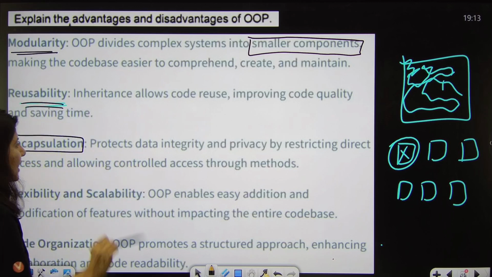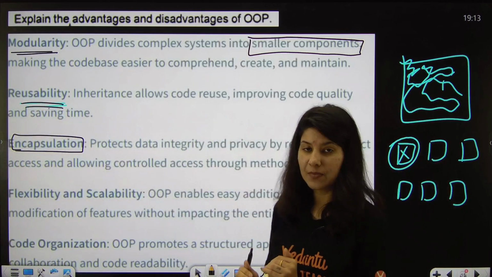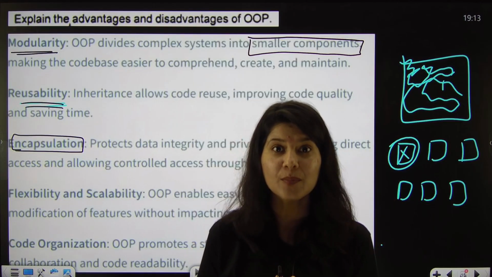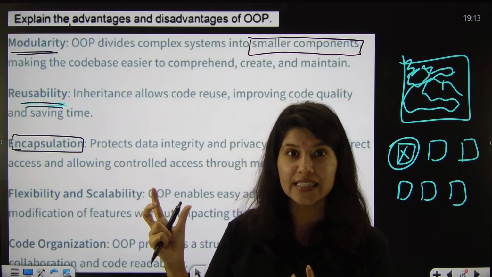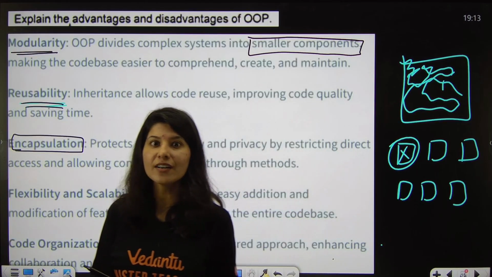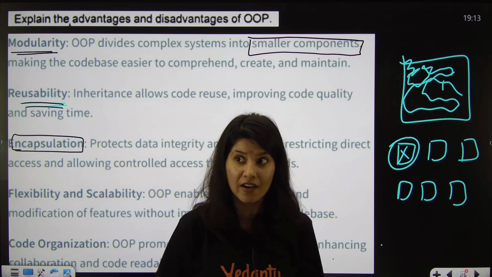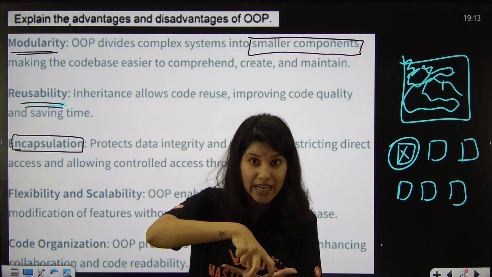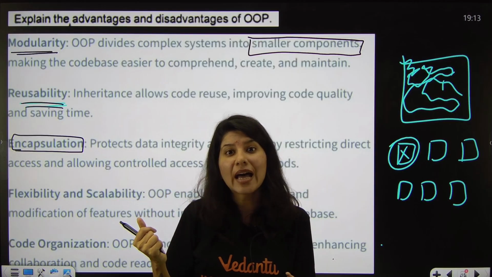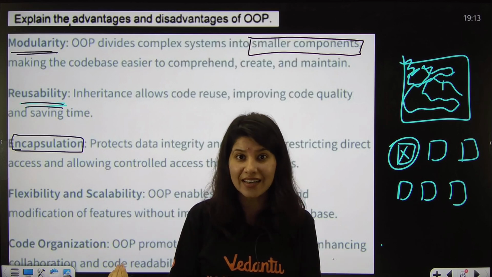Encapsulation, okay. Encapsulation is very important in companies where integrity matters. Suppose a government website is maintaining data of all the Indian people. If a hacker hacks that website and takes the data, then we are all gone. The data can be used for terrorist activities.